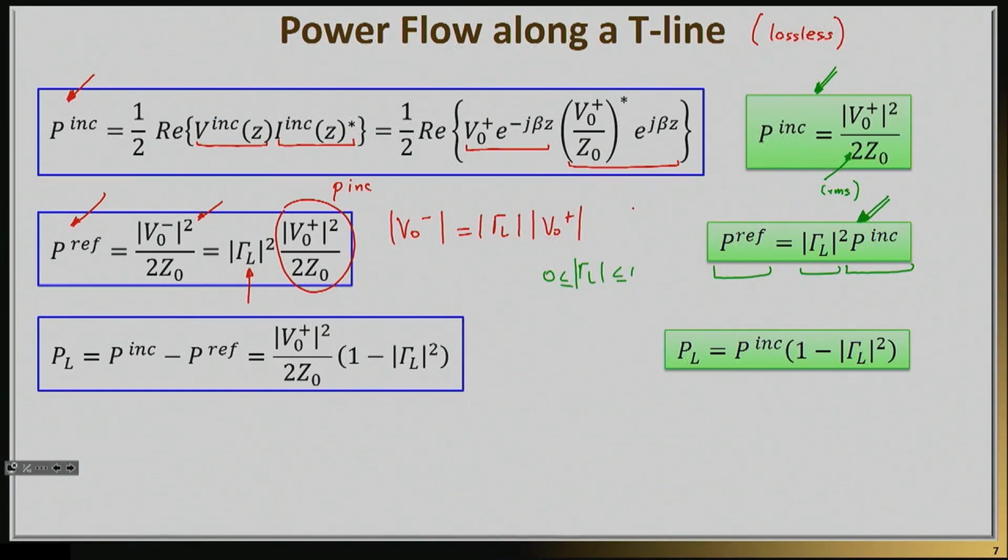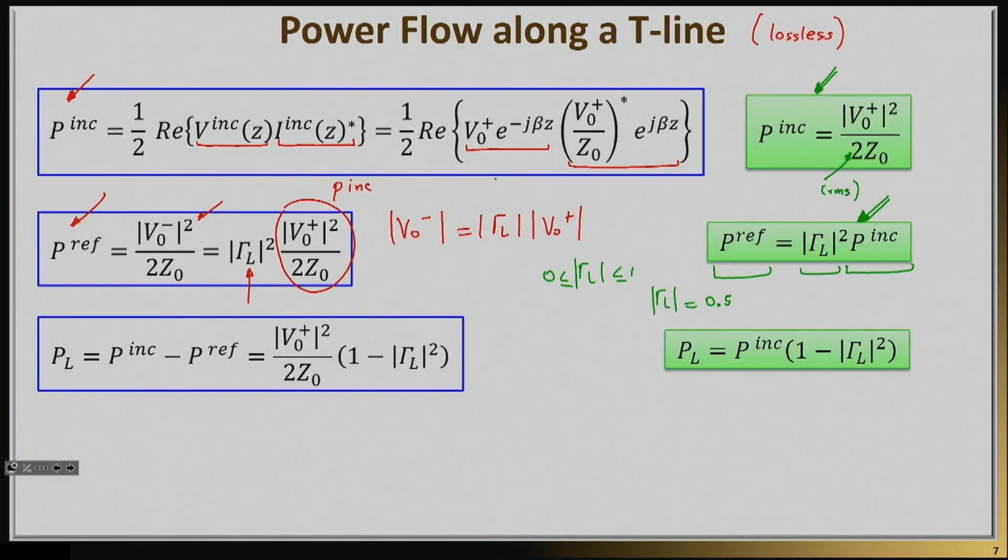And I'm putting here the equal signs too to cover the extreme cases of 0 and 1. But in reality, every time you know the magnitude of gamma L, you can very quickly find out how much is the reflected power that you're having. For example, in the example I just covered, gamma L had a magnitude of 0.5. That means that in this example, 25% of the incident power was actually reflected back from the load.